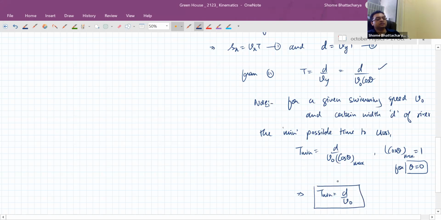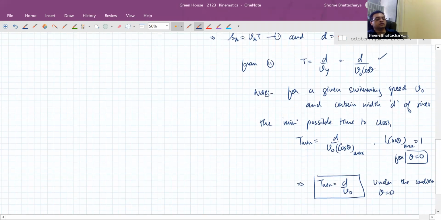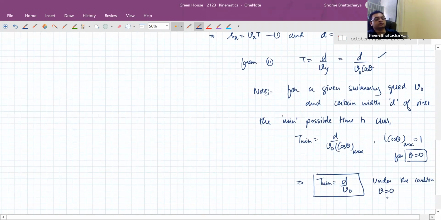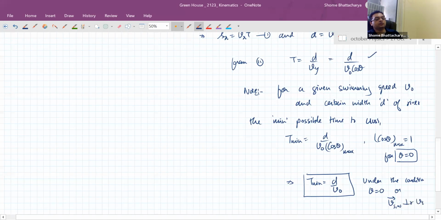And the condition for this is that theta should be 0. That means the velocity of the swimmer with respect to the water should be perpendicular to the flow. So that is the condition.